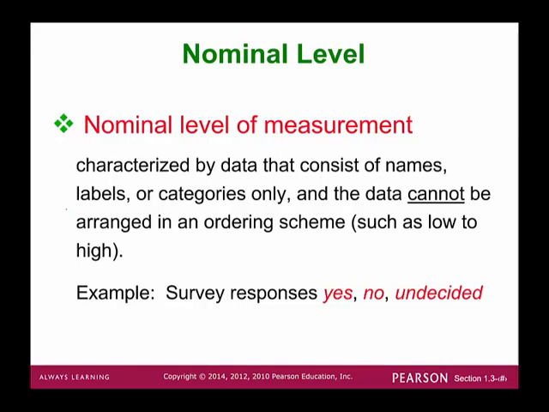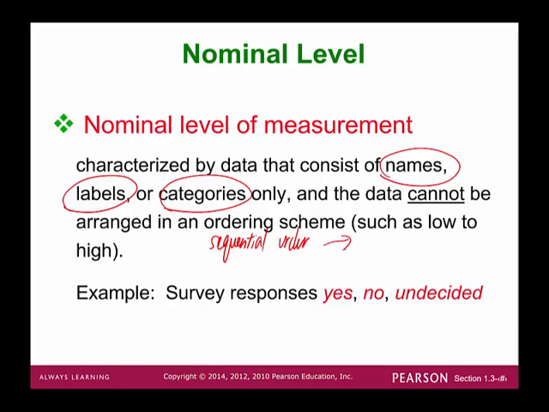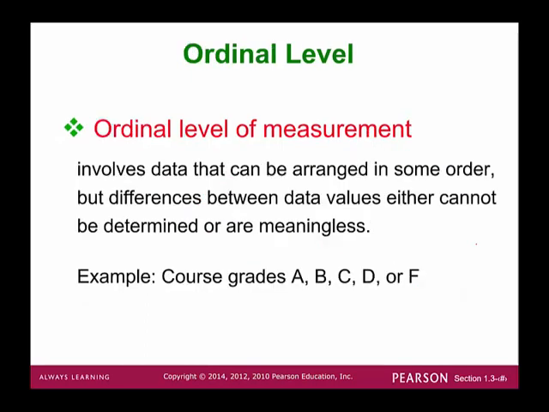It's categorized by data that consists of names, labels, categories only, and the data cannot be arranged in a sequential order, from low to high or high to low. For example, survey responses like yes, no, undecided. That's a typical nominal level of measurement.